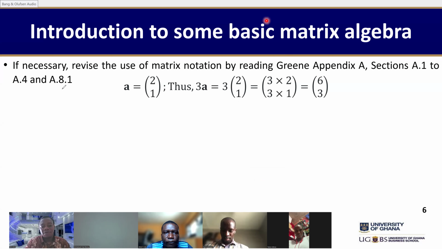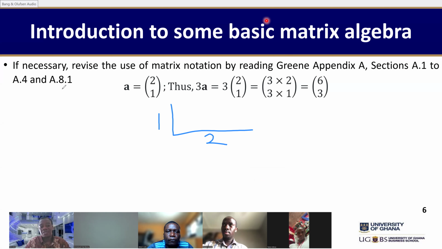So if you have, I'm just going basic. So this is 2. And then you have this as 1. On the basis of that, we can say that from this section here to that is A. A is a vector.